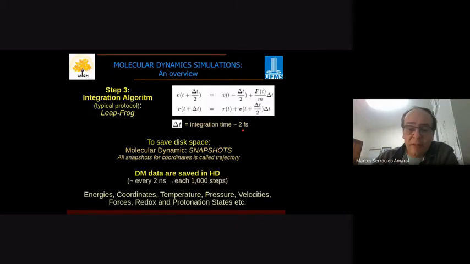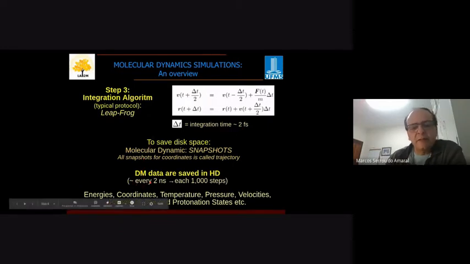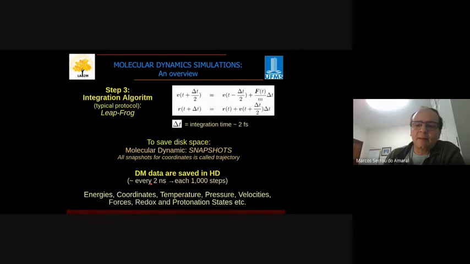So usually you save information to disk every 2 nanoseconds. It means that I save information to the hard disk every 100 steps, 1,000 steps, okay?